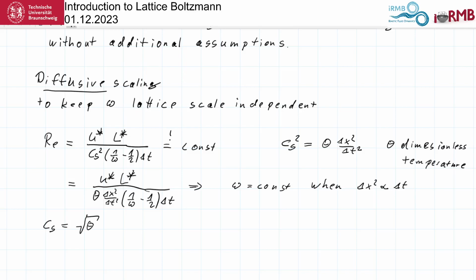CS is obviously the square root of delta x by delta t, and this now will become epsilon by epsilon squared, which of course is 1/epsilon, which means that in the limit epsilon going to 0, CS is going to infinity. So is this a good thing or is it a bad thing?